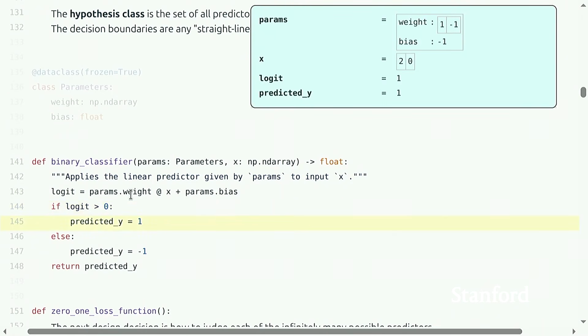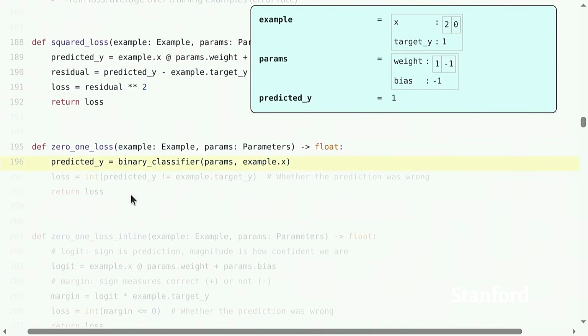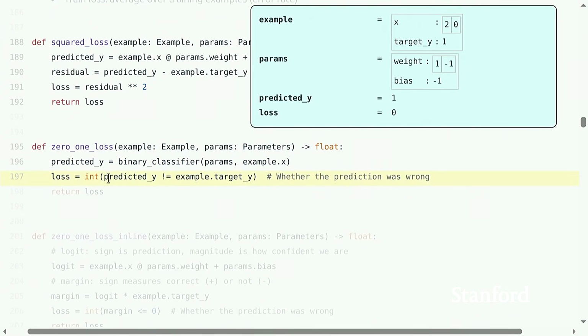If it's greater than 0, I predict 1. And in this case, the predicted y is 1. The target y is 1. And then I'm going to just define the loss to be whether these are different. So this returns a Boolean, and int just converts true to 1 and false to 0. So that's why it's called a 0-1 loss. It's 0 or 1, where 0 represents I'm correct, and 1 represents I'm wrong.